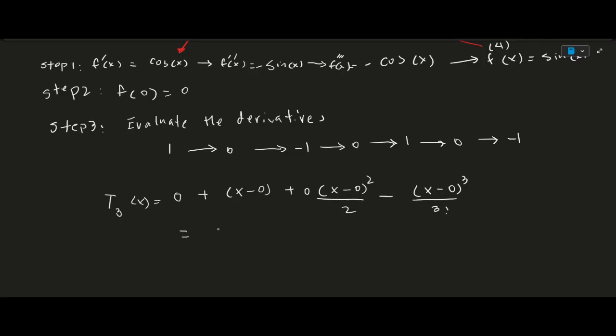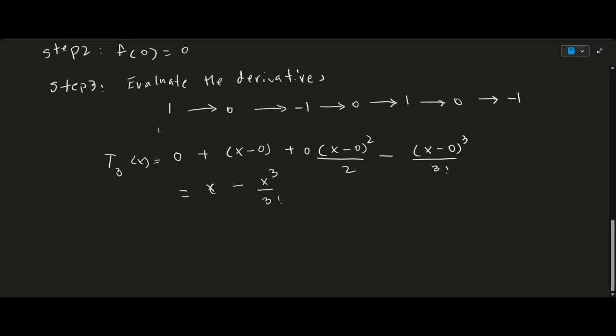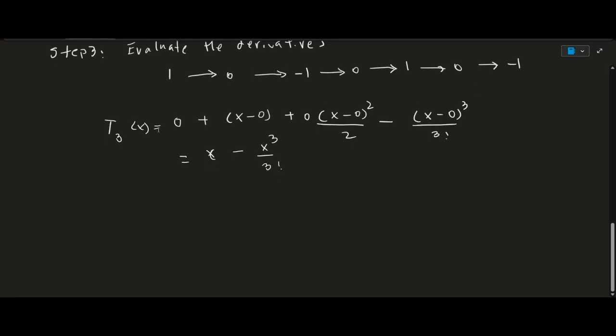Now basically clean it up. It seems like I'm skipping every other value, and the sign is switching from positive to negative, and so on and so forth.